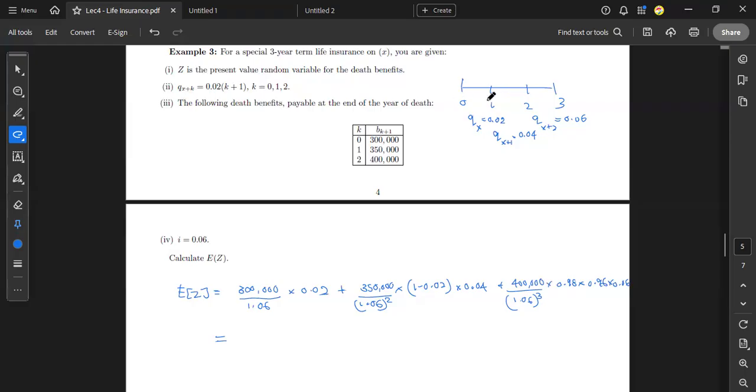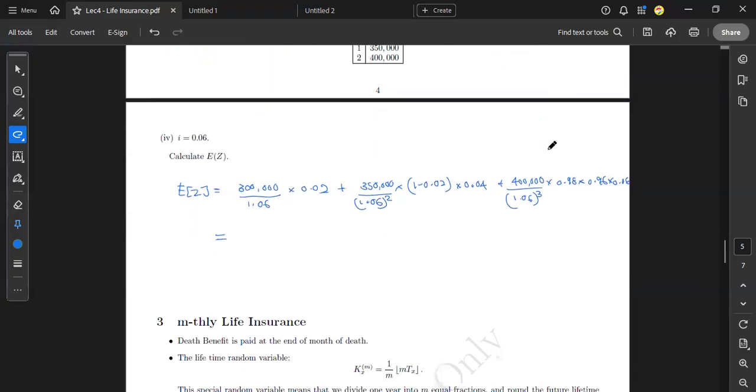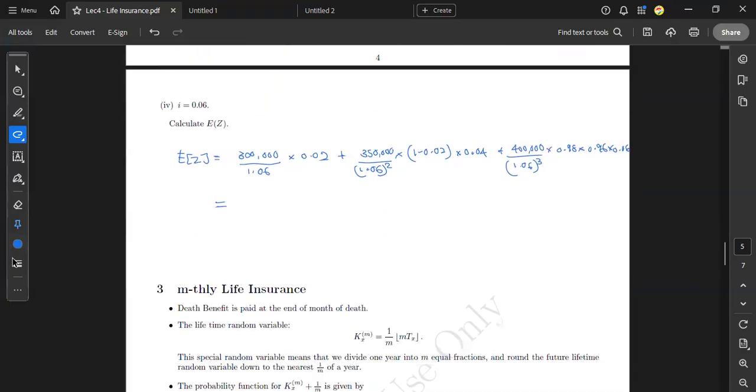Such probabilities: survival probability for the first year, survival probability for the second year times the death probability for the third year. Since this is term life, you got this one. So if you simplify this one, it should be 36,829.